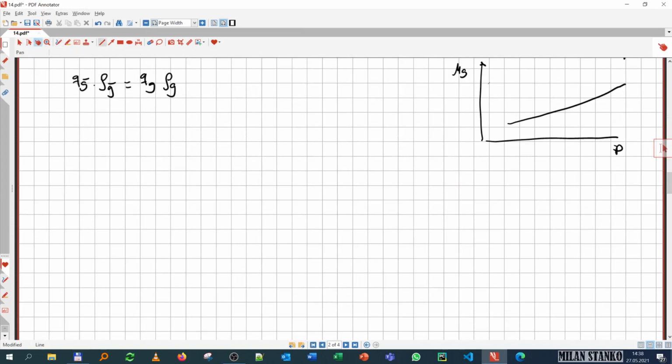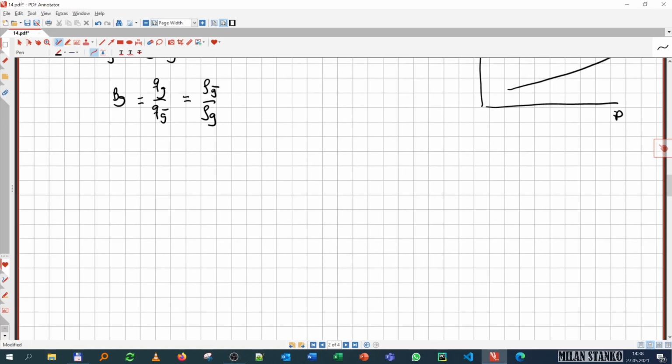So I end up with the BG, you see here QG divided by Q gas at standard conditions, this BG is actually equal to the density of gas at standard conditions divided by the density of gas. Okay, it is the inverse. But how do we define the density of the gas? For that we know the real gas equation.